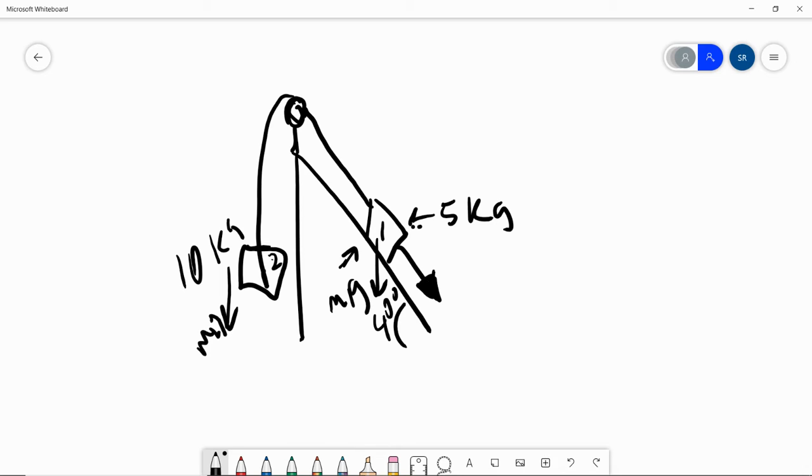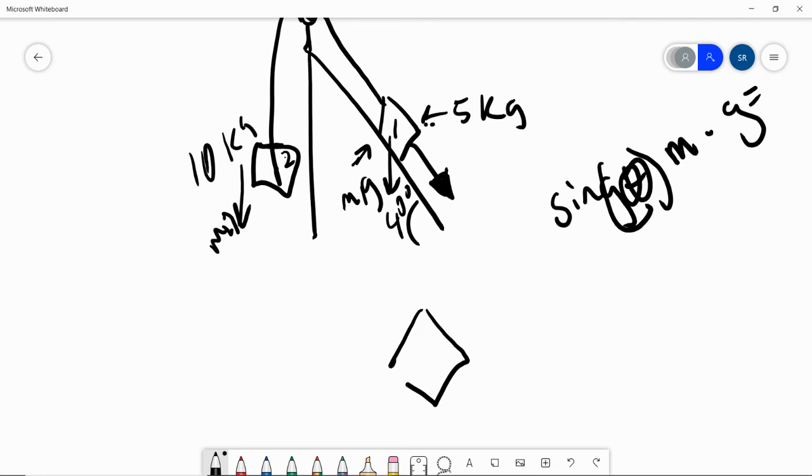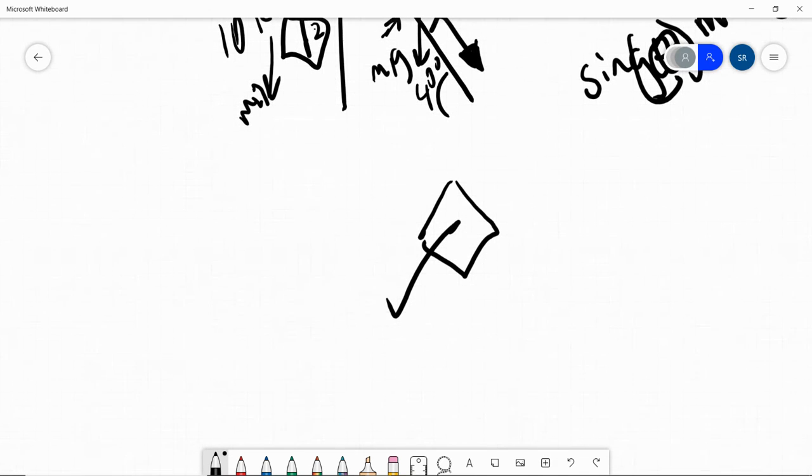So what we're going to do to find the x is the sine of that angle times the mass times the gravity, right? And the way you could look at this is if you imagine the box over here, it's going to be pointing down, right here. This would be your y component, x component. This is what you're really pointing at.